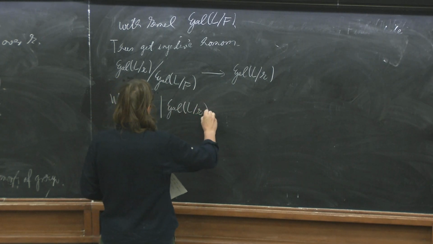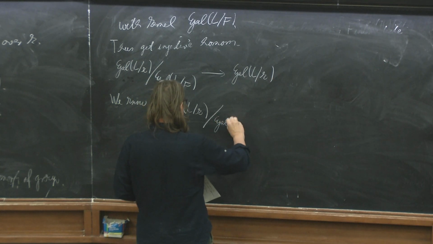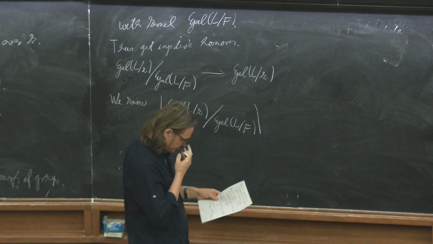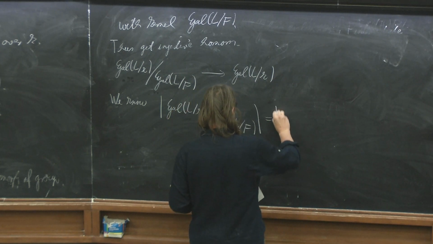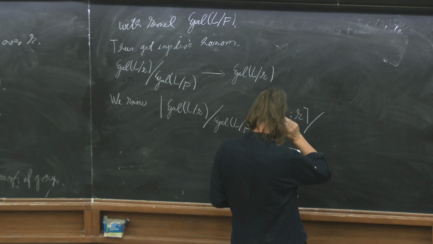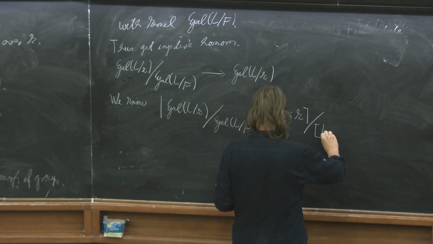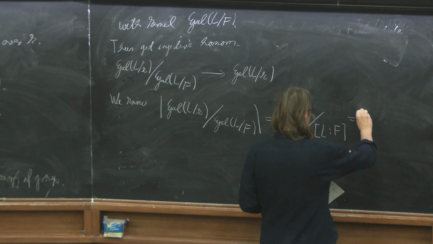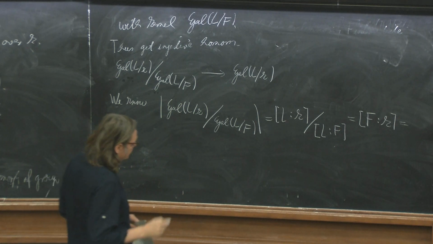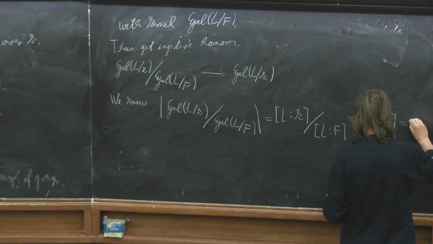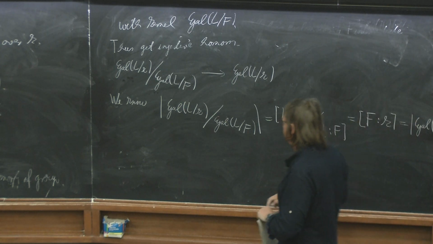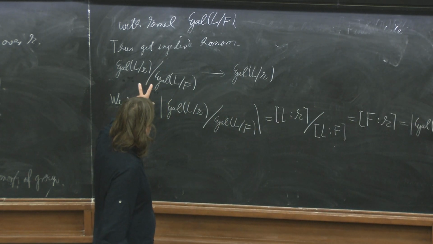Take the Galois group of L over K divided by the Galois group of L over F. This is precisely equal to the degree of the field extension L over K divided by the degree of the field extension L over F, which is the same as the degree of the field extension F over K, which, as F over K is now also a Galois extension, is equal to the number of elements in the Galois group of F over K. So we have an injective homomorphism from this quotient to here.